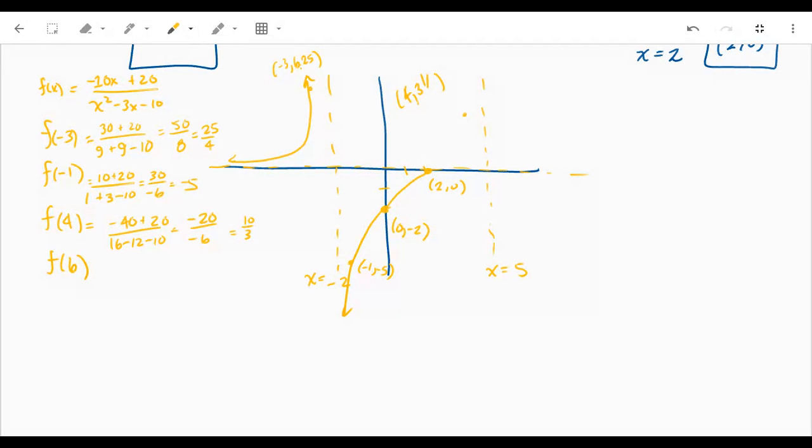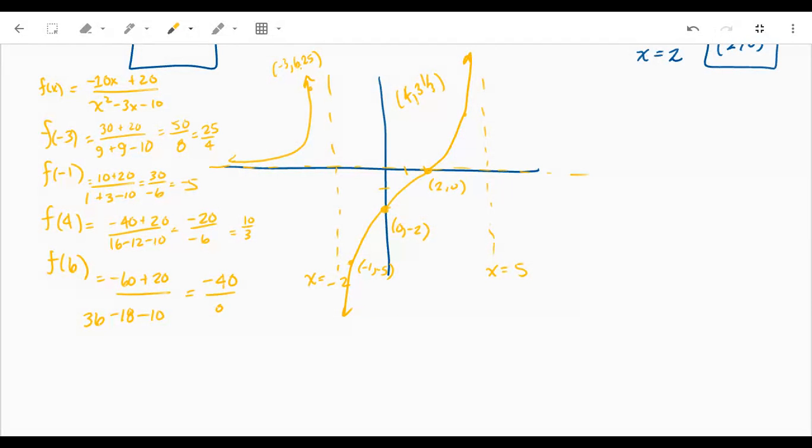And then our final one would be f of 6. So negative 60 plus 20 over 36 minus 18 minus 10. So negative 40 over 36 minus 18, which is 18. 18 minus 10 would be 8.